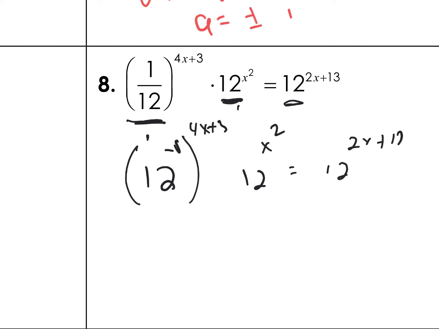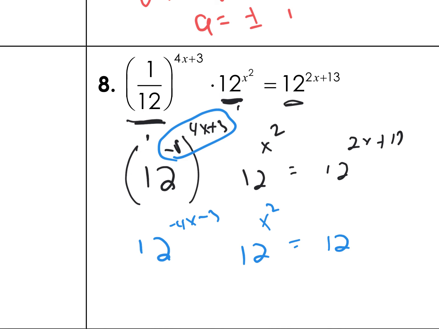So now I have a power to a power, which I do what? Multiply. So that turns into 12 to the what's 4x times a negative 1? Negative 4x minus 3. And then 12 to the x squared, 12 to the 2x plus 13. Okay, wow.